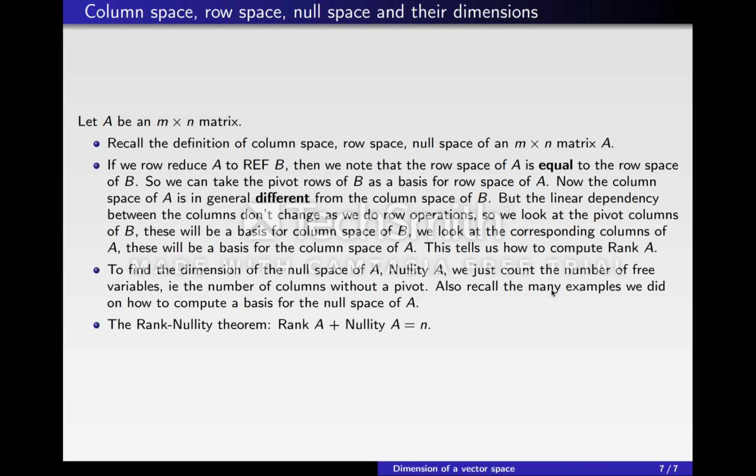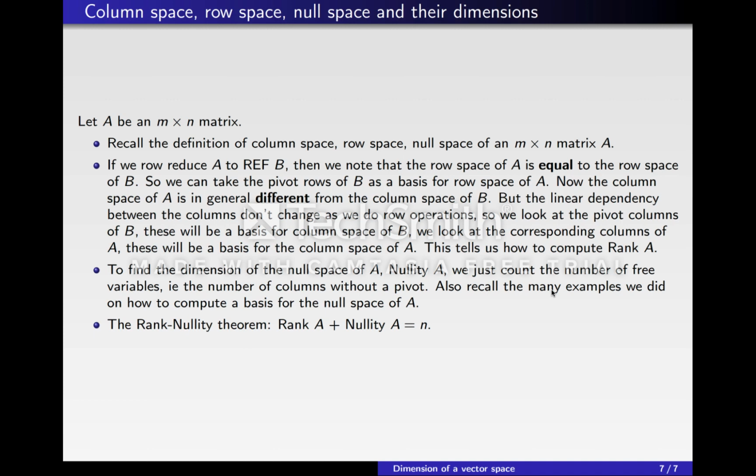So we look at the pivot columns of B. These give a basis for the column space of B. It doesn't quite give a basis for the column space of A, but you can go back and pick the corresponding columns of A, and those will be a basis for the column space of A. Okay, so that tells you how to compute the rank of A.